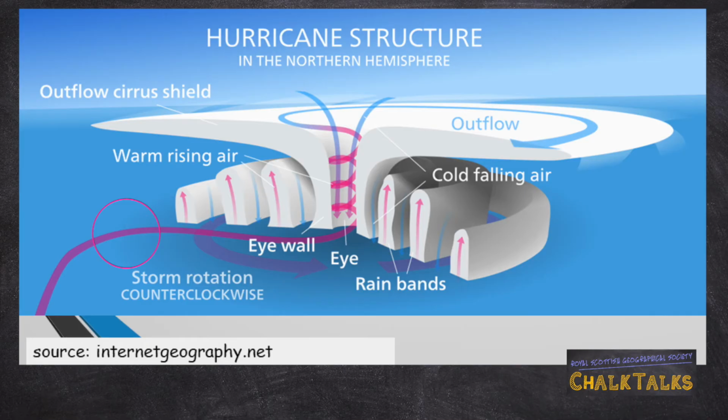And as this air carried on rising, it started to rotate due to the Coriolis effect, reaching speeds of up to 60 kilometers per hour at the eye wall, just outside the center of the storm. This eye wall is the point where the strongest winds and heaviest rain were encountered within Hurricane Katrina.